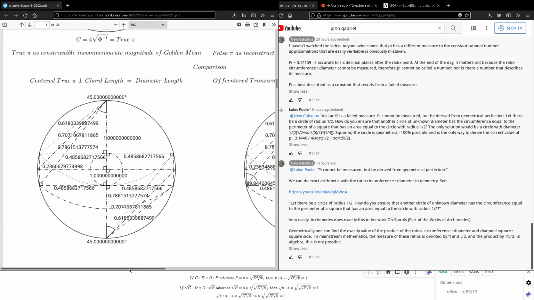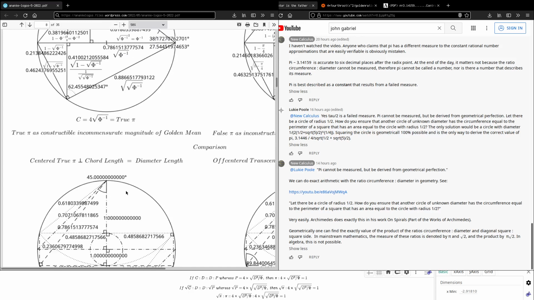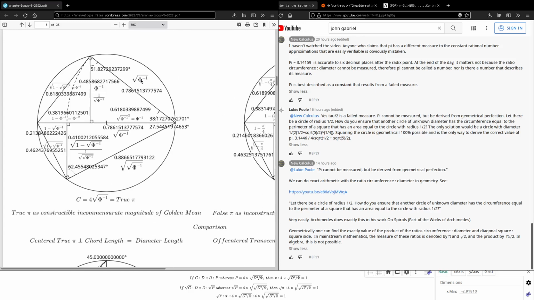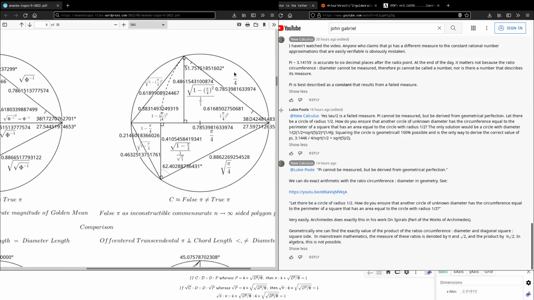But anyways, this measure here, 0.786, is this one here, which corresponds to this value here, pi over 4, but not the calculated mistaken approximation value that's represented over here.